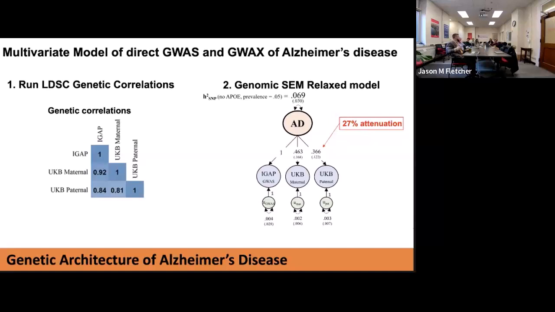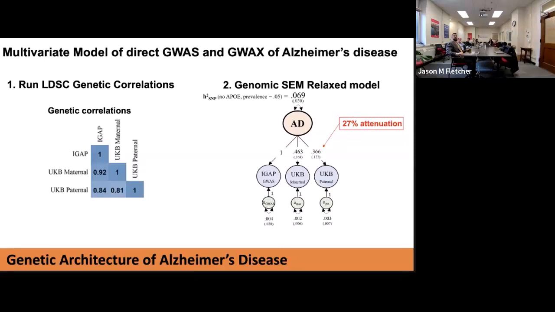We don't find evidence to say that they're genetically distinct traits, but it could be that they're in actuality genetically different traits. And in the models, I would have to take a look at the confidence intervals to get a better sense whether this 0.46 and this 0.37 are actually different.